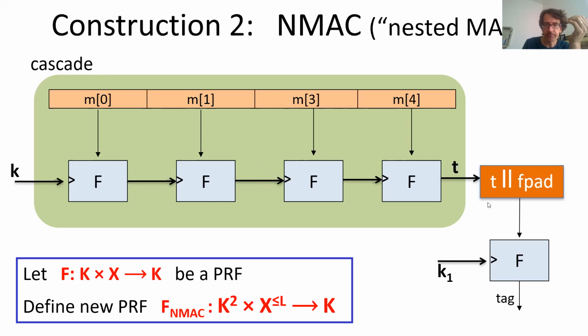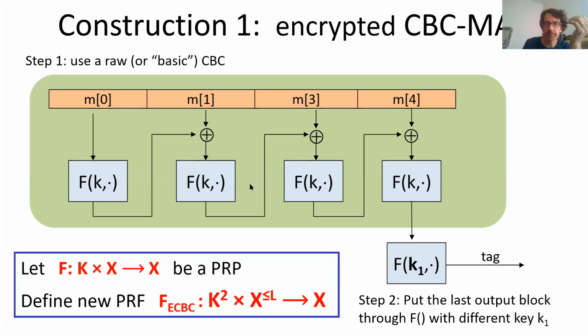It's the same here. If I had a collision in the final tag, this is deterministic, so therefore I must have a collision in here. If this was a PRP, two different inputs cannot have the same output. The only way to make this output the same is if its input was the same.